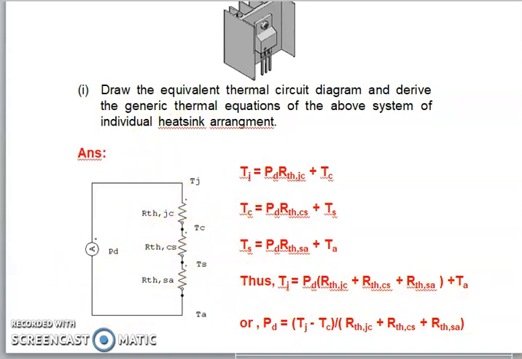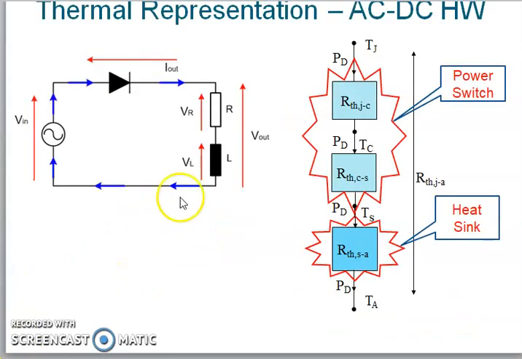So you can give it a try. In general, once we are able to draw the equivalent circuit power diagram of our converters, we should be able to draw the equivalent thermal circuit which needs to be used to analyze our thermal scenario or heatsink consideration for that circuit.